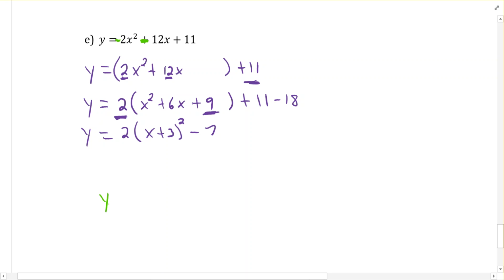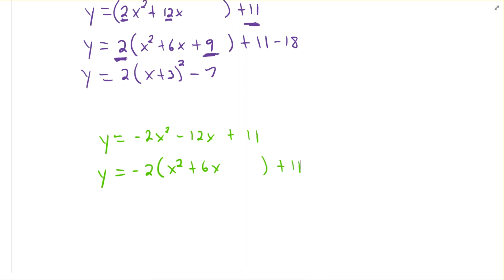So that would be y is equal to negative 2x squared minus 12x plus 11. So if I did this one, I'm still going to take out negative 2 this time, and that's going to be x squared plus 6x because I took the negative out. Leave a space, and still got 11 out there.